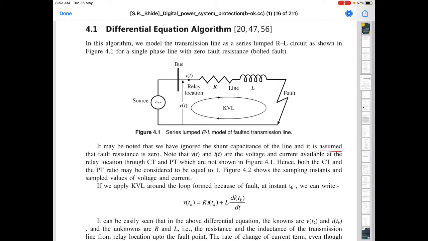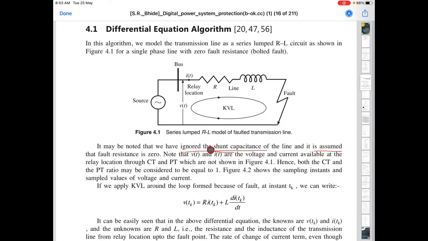What we have assumed is that the fault resistance is 0. More importantly, we have ignored the shunt capacitance. Whatever the shunt capacitance here is, that is line charge due to the Ferranti effect. What is the Ferranti effect, you know? Yes. So there is a line charge here, because of which a capacitance builds up between the line and the ground.